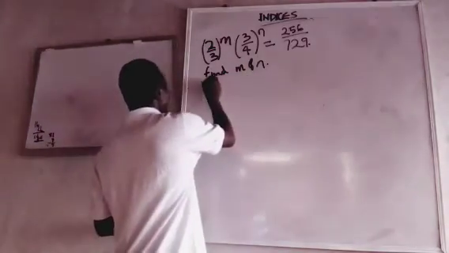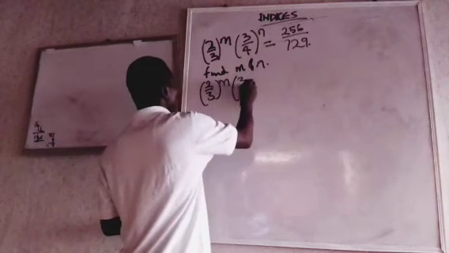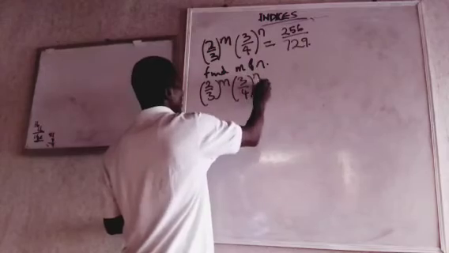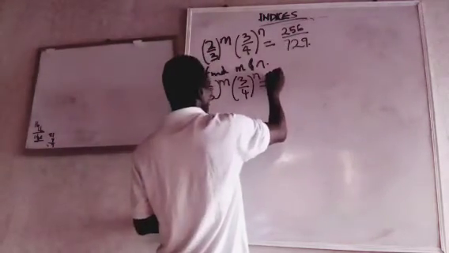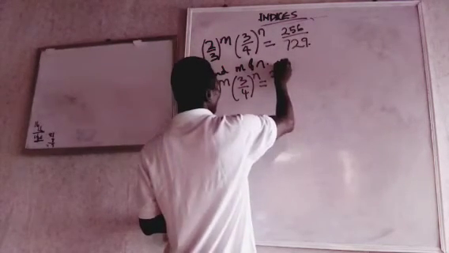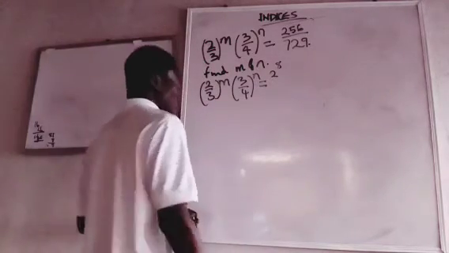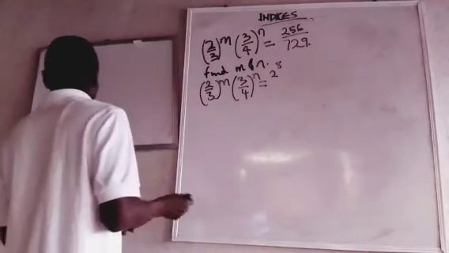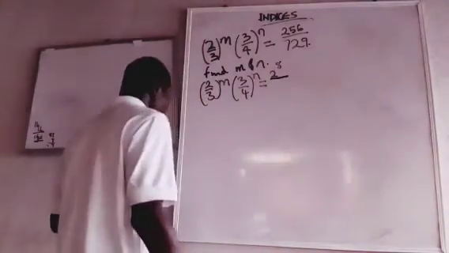So from here we can say that (2/3)^n times (3/4)^m is equal to, this one is 16 times 16, that is 2 raised to power 8. And this one too is 81 times 9, that is 3 raised to power 6.